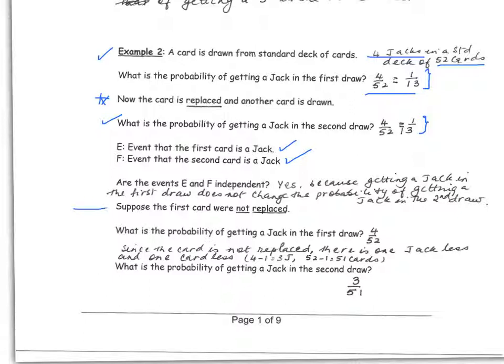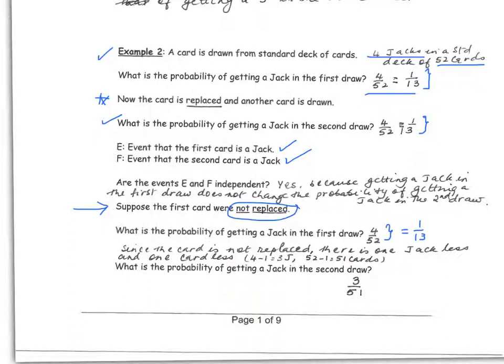Now, suppose we change the condition. We draw the first card, but we do not replace the card back into the deck. The probability of getting a jack in the first draw still remains 4 out of 52, which is equal to 1 out of 13, because the deck is intact. But now we're not going to replace the jack.